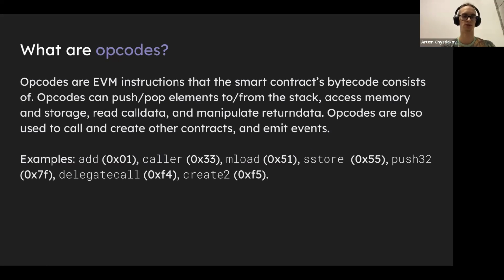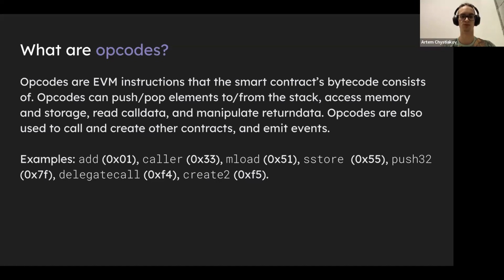Opcodes are EVM instructions that the smart contract's bytecode consists of. So basically opcodes are the tiny bits of bytecode, or tiny instructions, which together create the smart contract. They represent what a function has to do and how it has to do it.